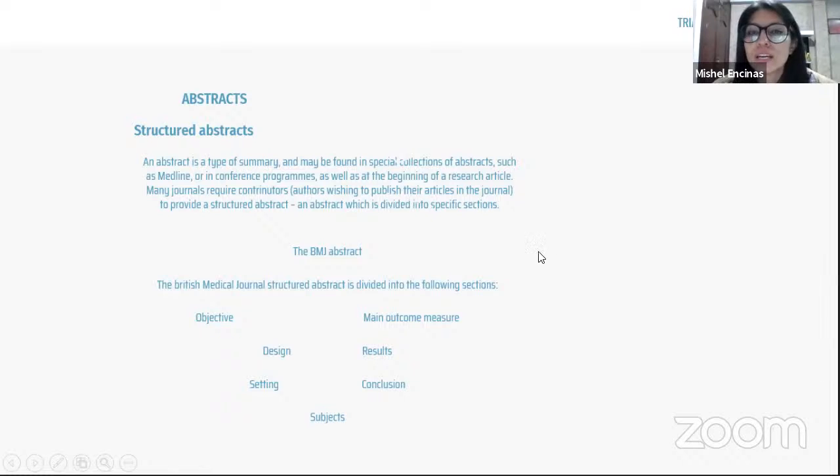And then you have three objectives, maybe specific ones. Your main outcome measure must have three results directly related to your objectives. That is a main outcome measure.